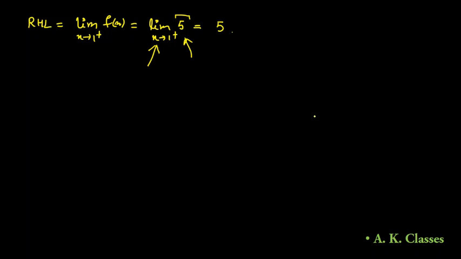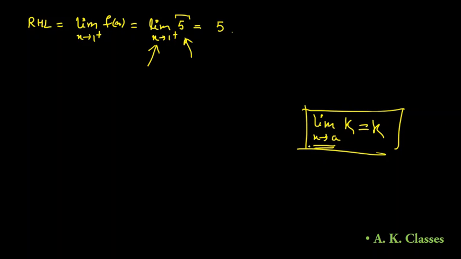I gave an example, look at the example: limit of some function when x tends to a, and the function is say k, and k is completely independent of x, then your answer will be k. It doesn't matter what is here. If your function is completely independent of the variable you are considering, then the result will be the function itself.